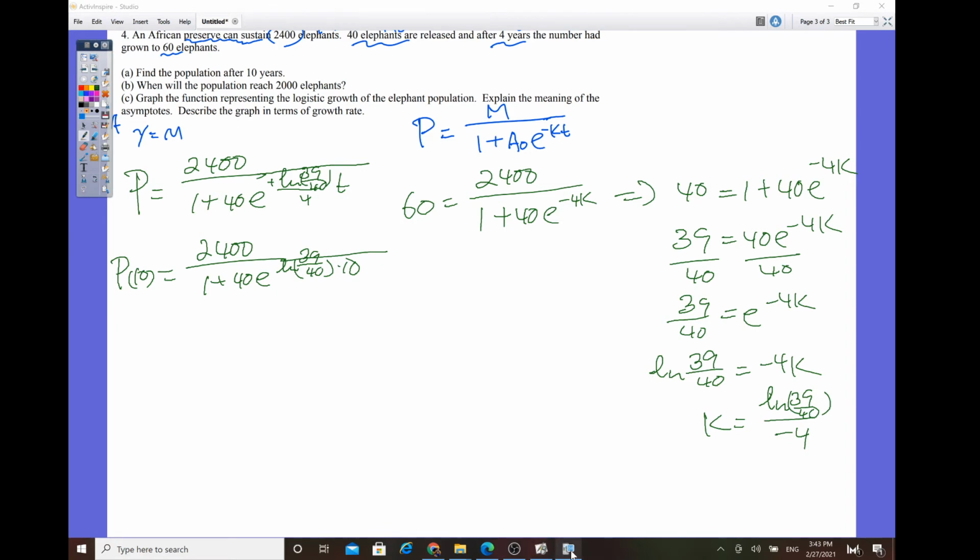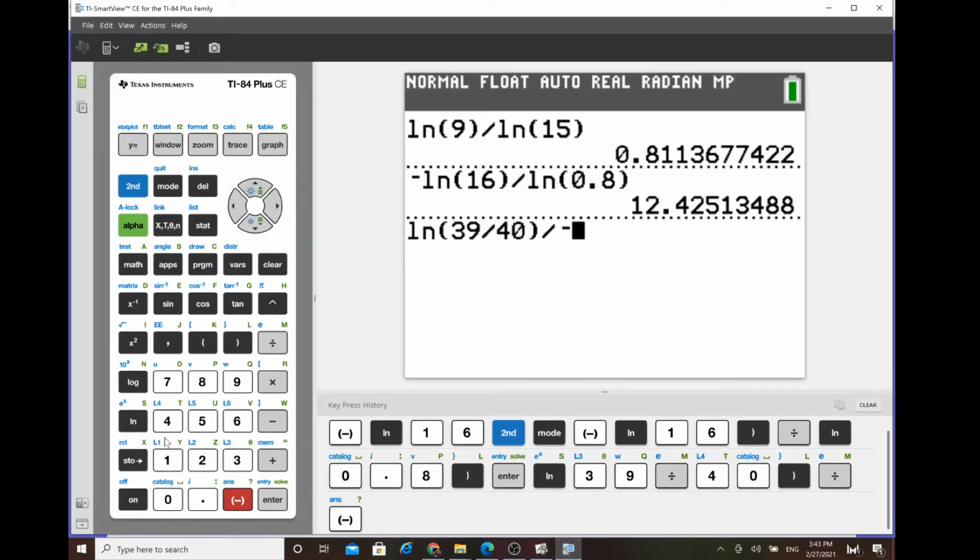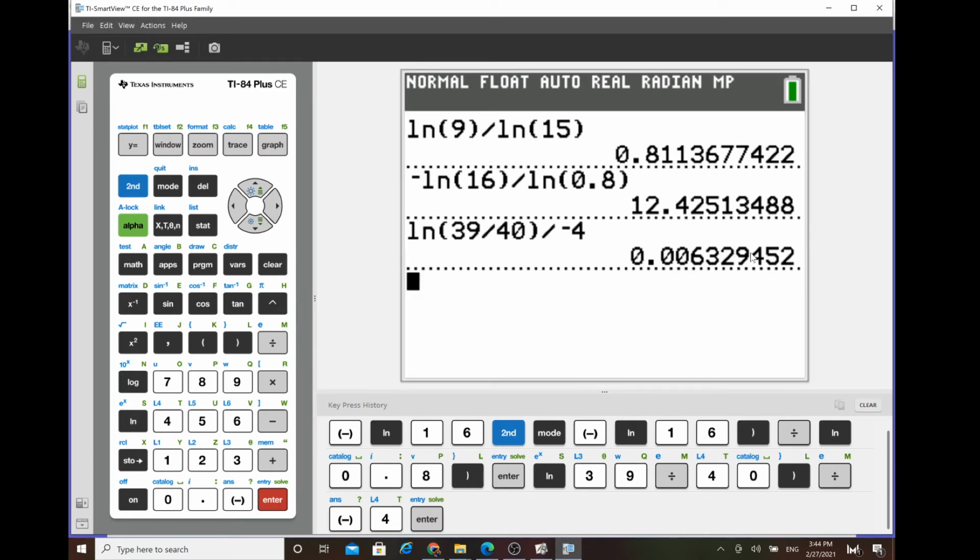You want to keep using this number, and it's an irrational number, so you want to store it. Go to STO and then alpha A. We just want to keep the whole number in that letter A.